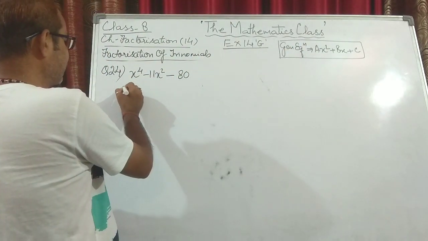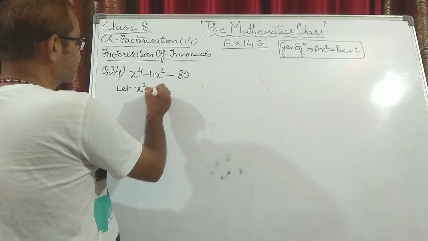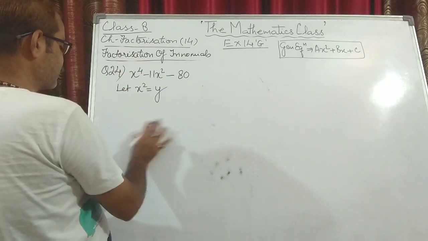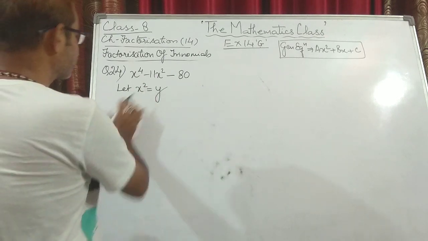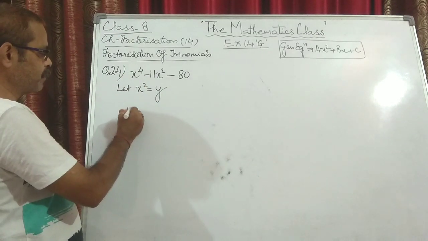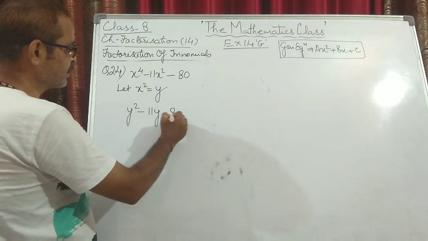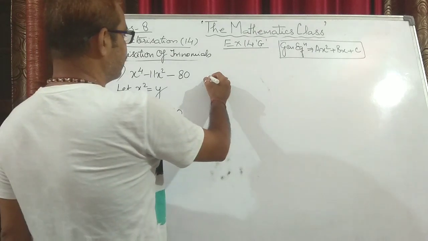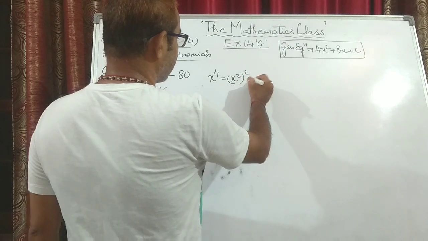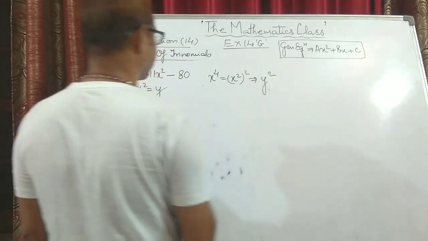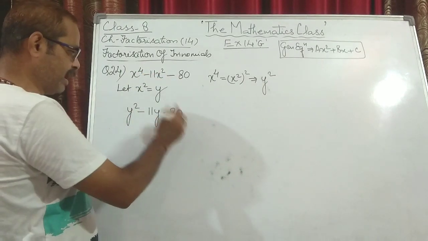Let x square be considered as y, so this equation will convert to y square minus 11y minus 80. Why? Because x to the power 4 can be written as x square whole square, and x square was y, so y square minus 11y minus 80.